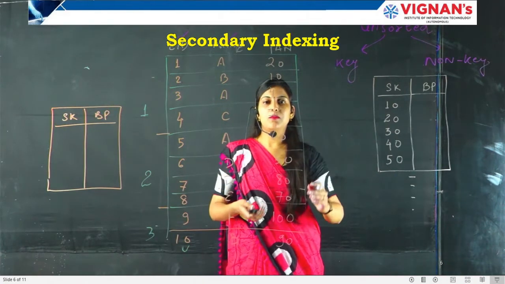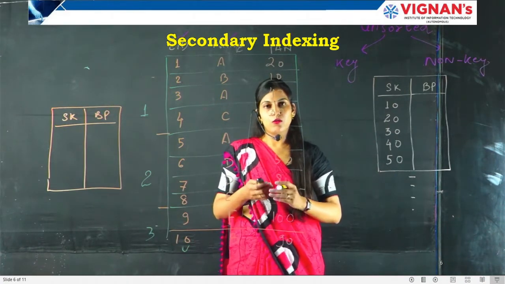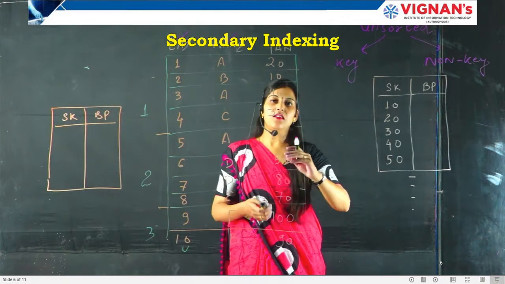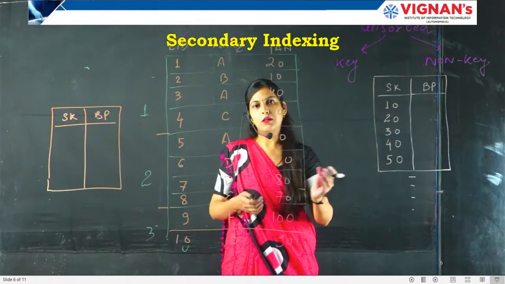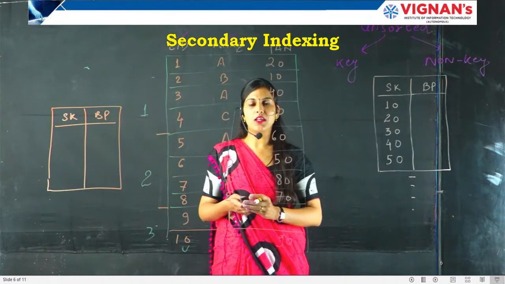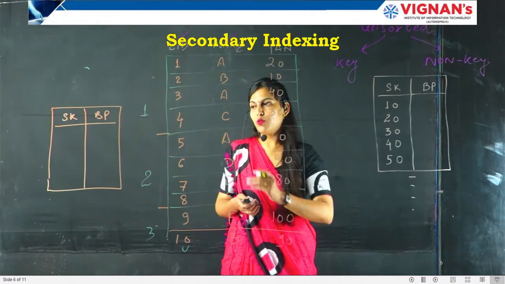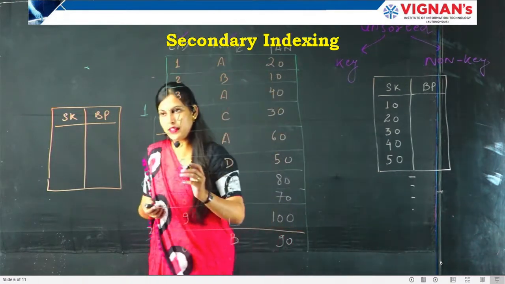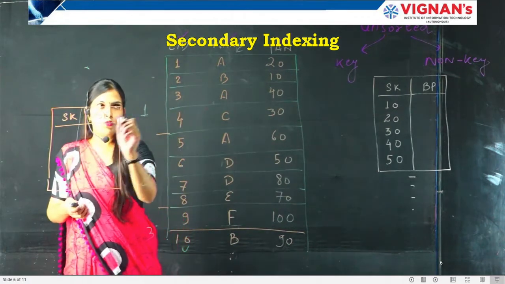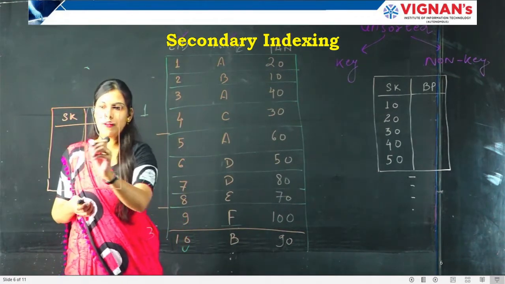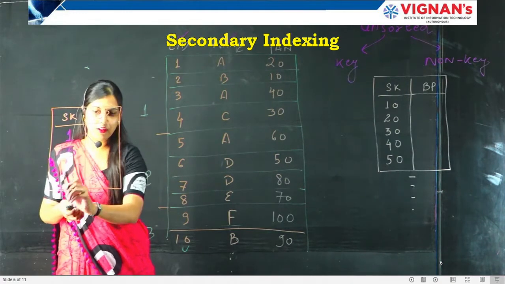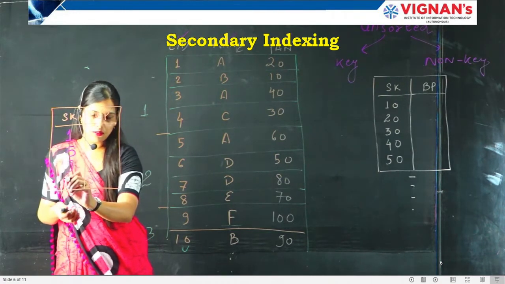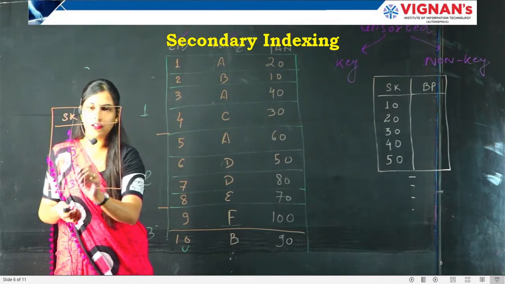With such a database file, a secondary index means we are using a second index table, but primarily we will be using the primary index table. So I have the primary index table here. For each block I will make one entry: 1, 5, 9, 13.